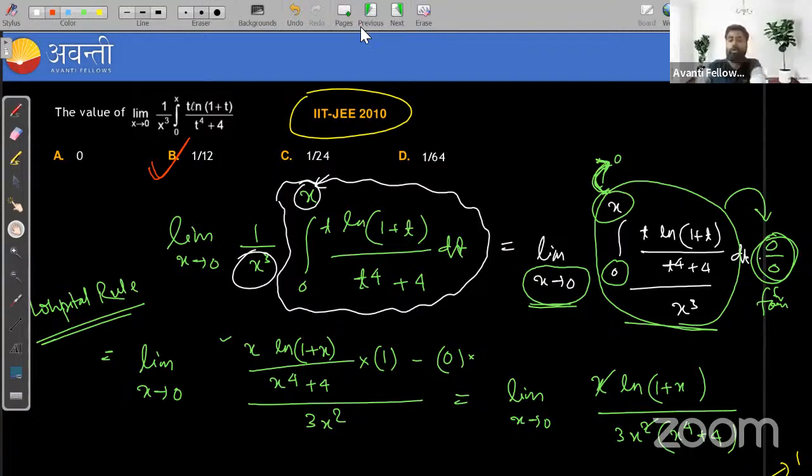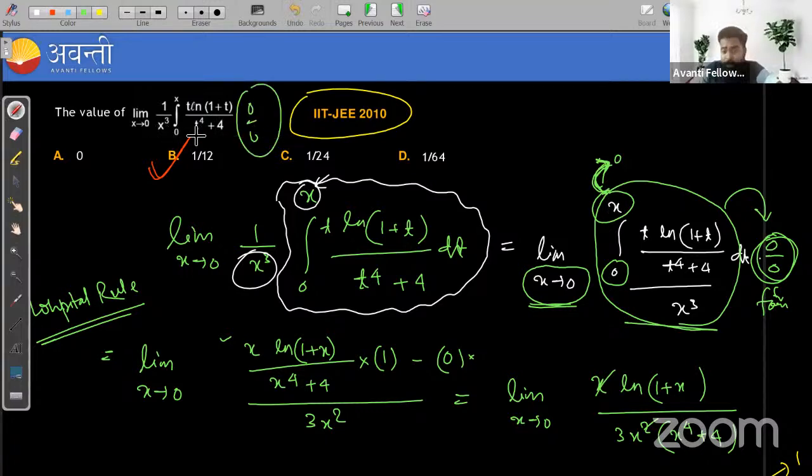First, we were asked to find the limit of this integral. When you are finding the limit, you must check the form of the limit. The given limit is in the form of 0 by 0. How does it become 0 by 0 form?